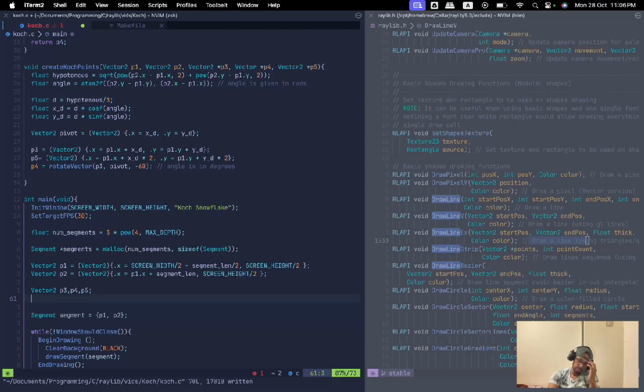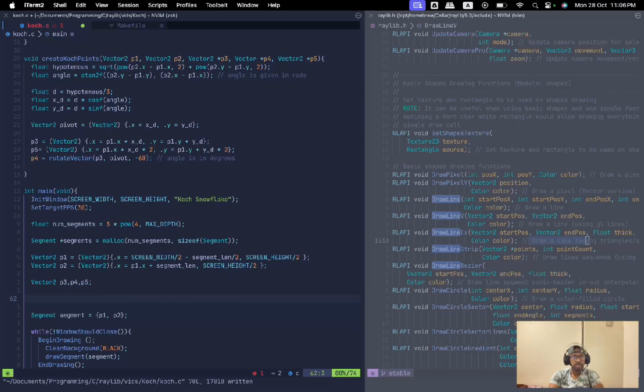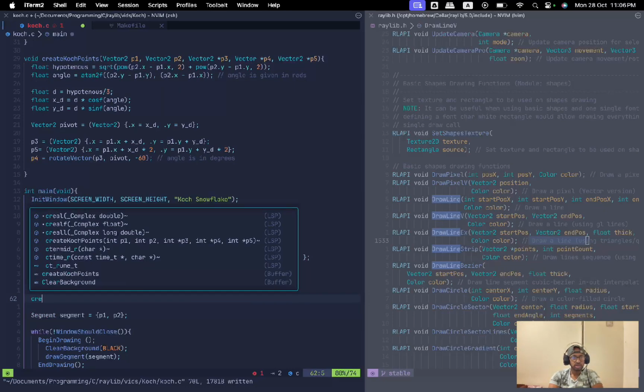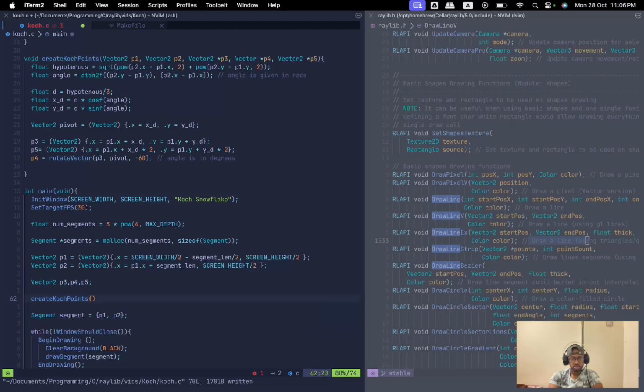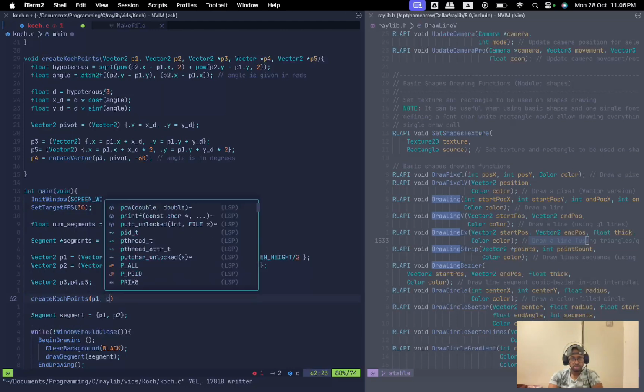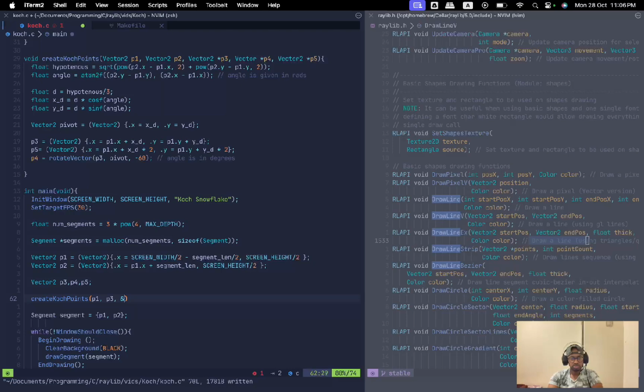Then I need to create the other points by passing p1 p2, and I pass this p3, p4 and p5 by reference, something like this. So this will give me the values for points p3, p4 and p5.